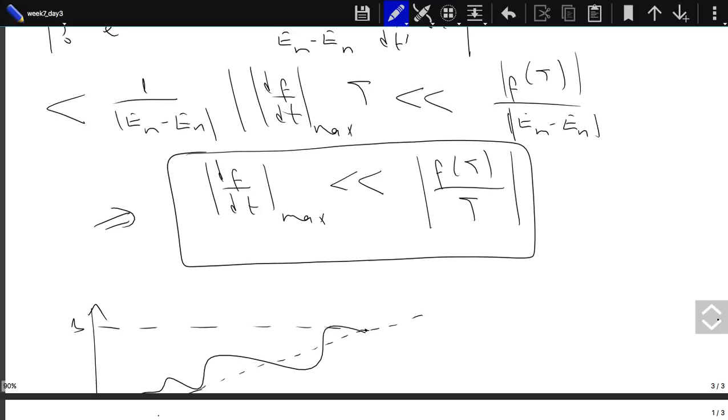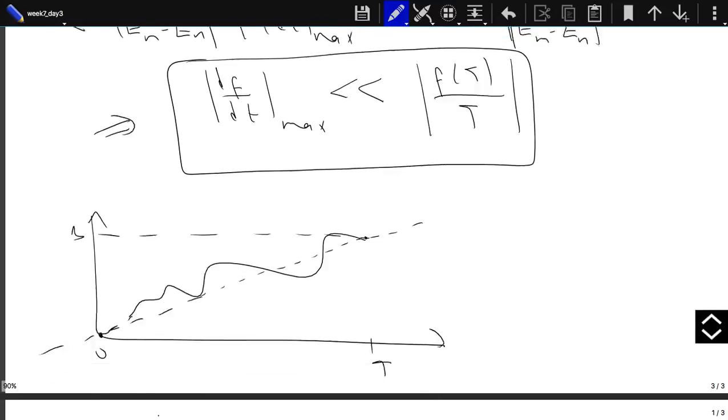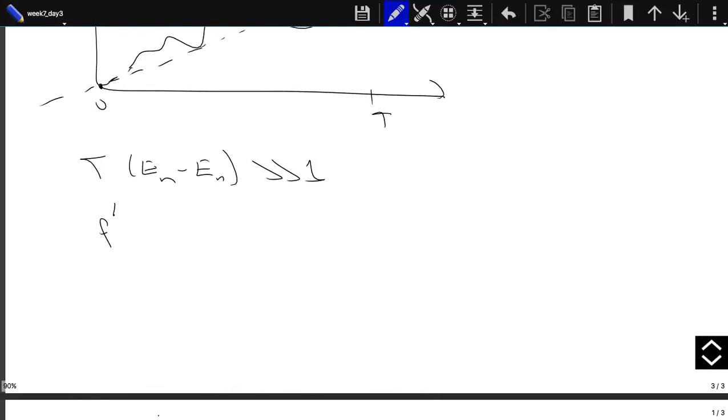It can rise very fast, and then stay at the time t for a long time. So the derivative will be 0 for a long time, but for a very short amount of time, the derivative will be large. That is not something we want. So we want f to change continuously and to increase from 0 to 1 at the end of our period. So the derivative f prime is typically 1 over t.